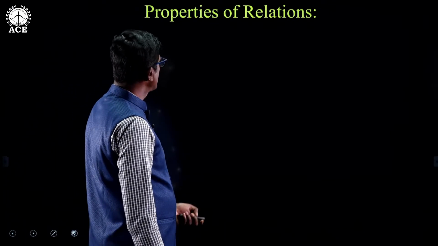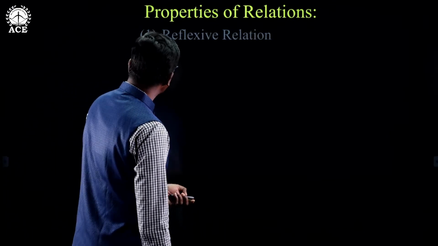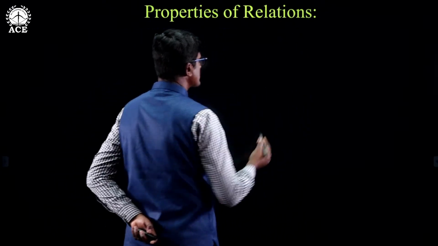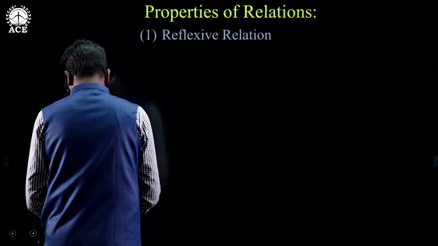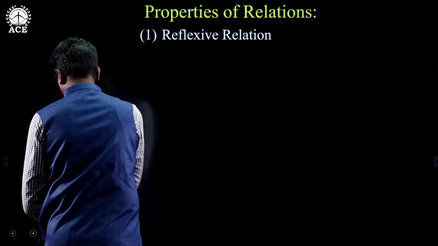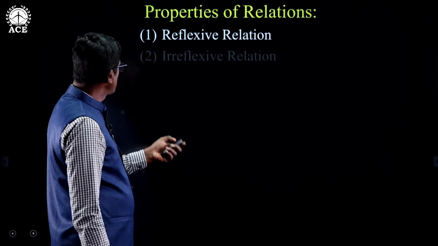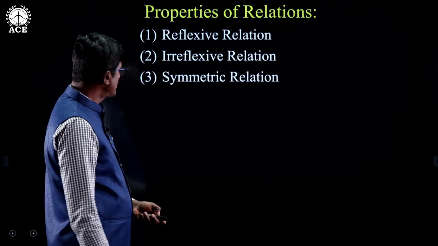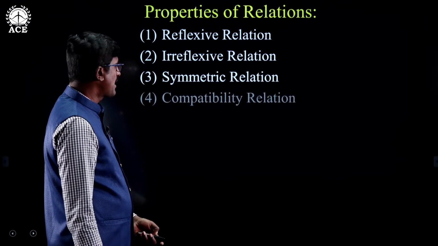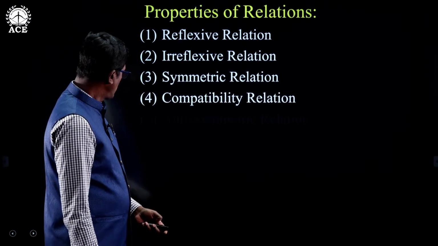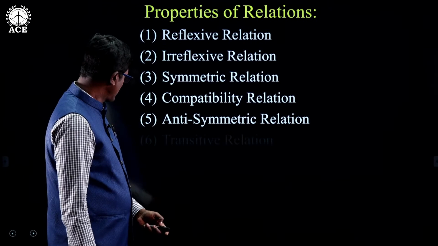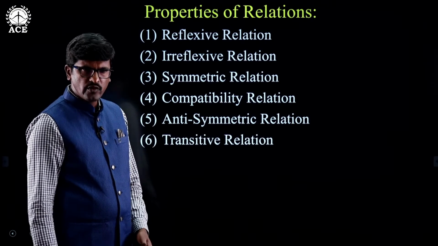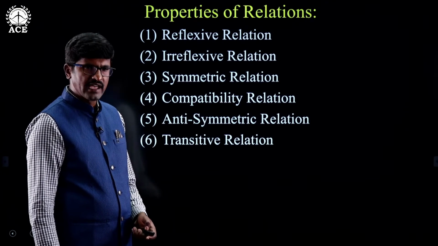In these properties, we are going to discuss the reflexive relation, the irreflexive relation, then the symmetric relation, then the compatibility relation, antisymmetric relation, and transitive relation. These are all the properties of the relation. Now we will discuss them one by one in detail.